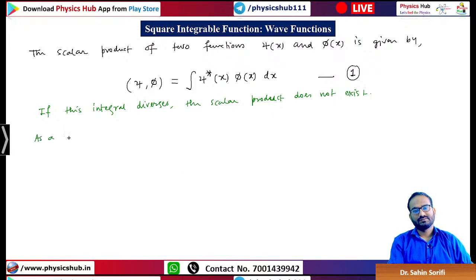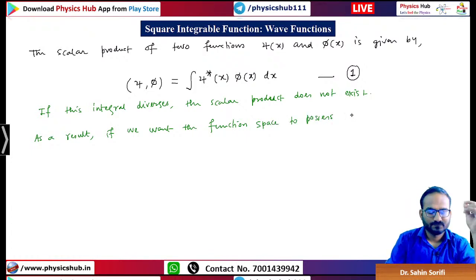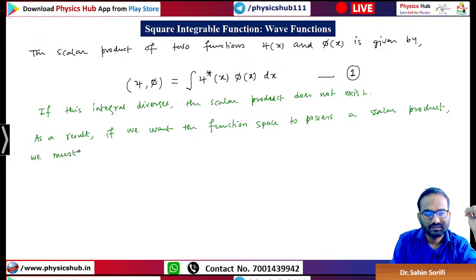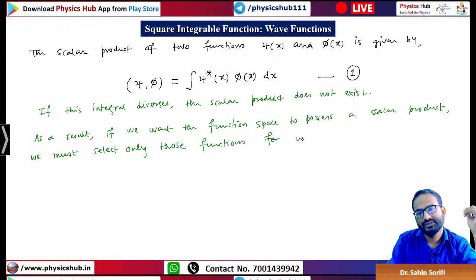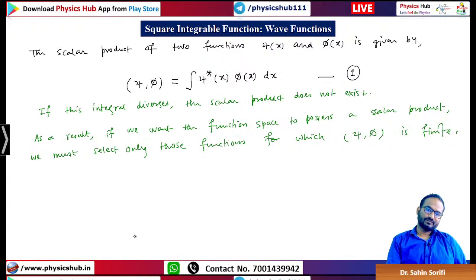As a result, if we want the function space to possess a scalar product, we must select only those functions for which the scalar product psi phi is finite.